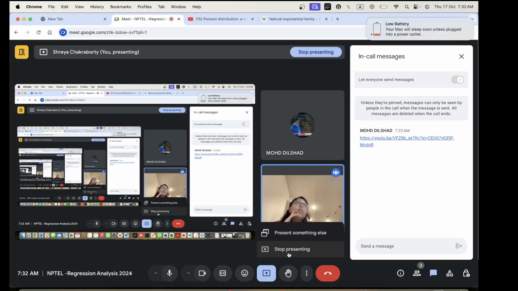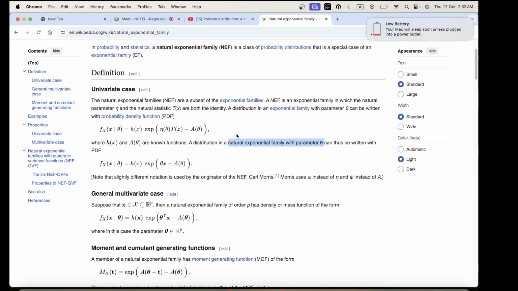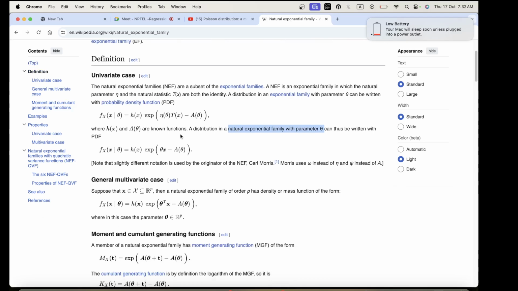I'm not so sure about the significance in the larger scheme of things, but if you have that theta x form, what you should note is that there is something called a sufficient statistic.